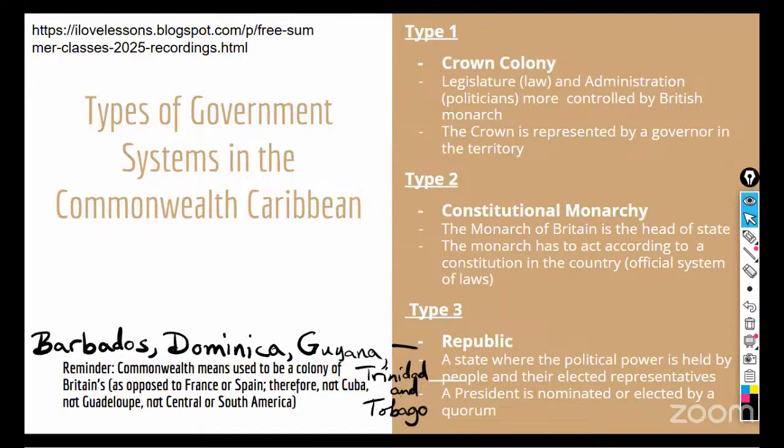All right, the next one we're going to do is crown colonies. That's the one on top.